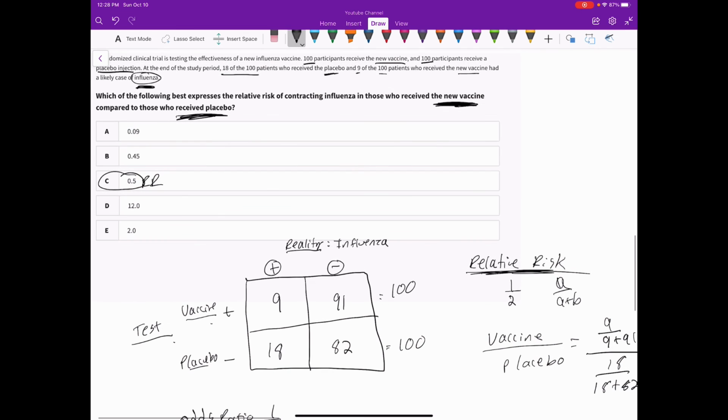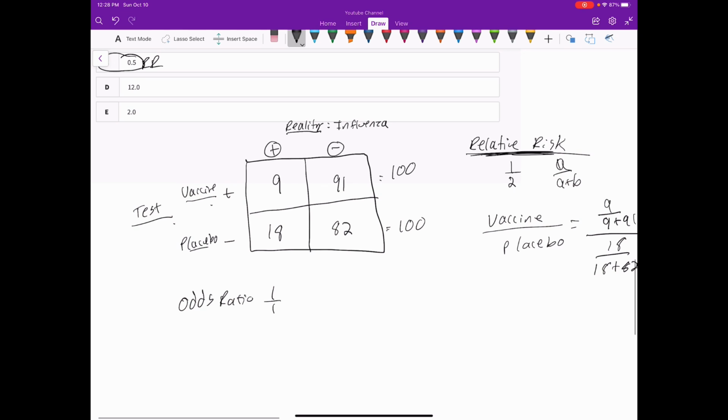And if they asked, what is the odds ratio of contracting influenza in those who received a new vaccine over those who didn't? Well, those who received it is going to be 9 over 91, right? That's the vaccine, over the placebo, which is going to be 18 over 82, because this is the placebo. And they're just asking, what are the odds? The odds of developing influenza if you get the vaccine, or the odds of developing influenza if you didn't get the vaccine.